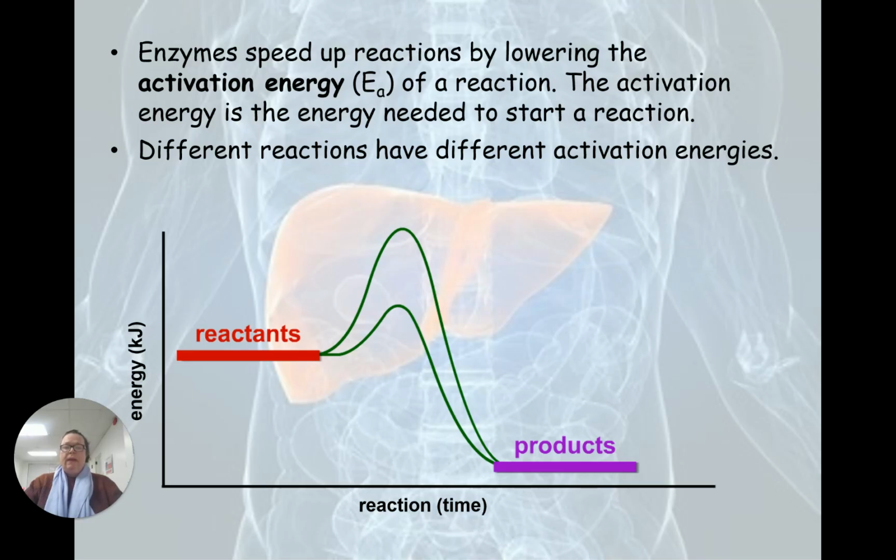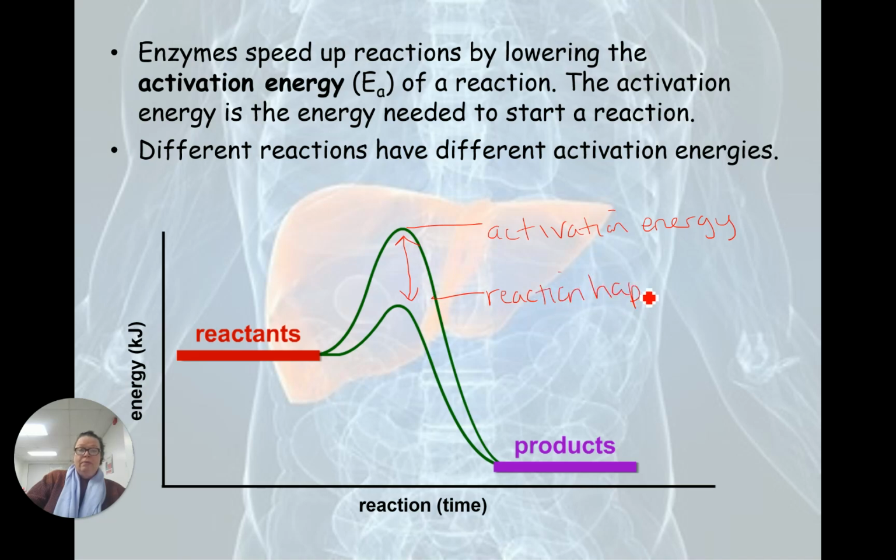So normally this top one here would be the activation energy. But what enzymes do is reduce it, so they reduce it by that much. So the reaction happens more quickly, I think is the correct term.